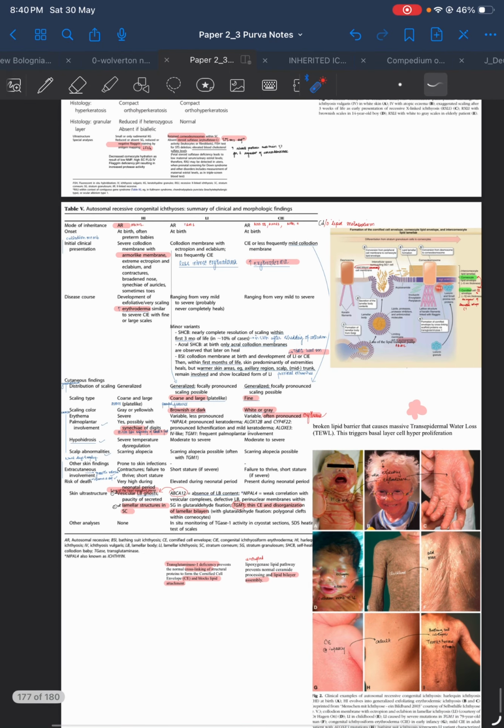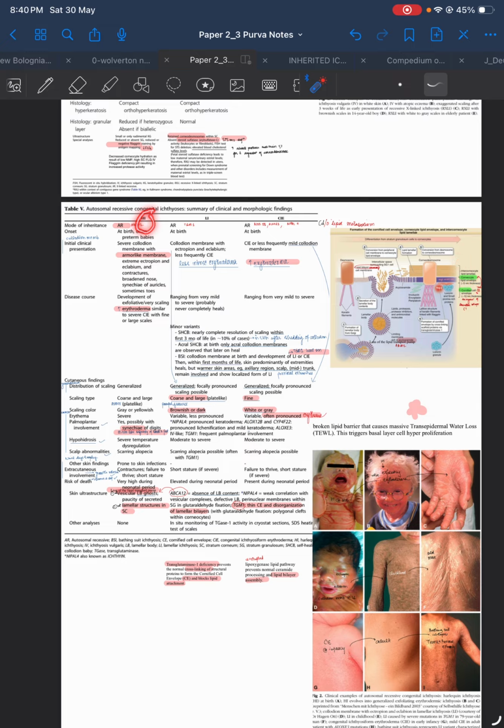Then moving on to the second part, which is the autosomal recessive congenital ichthyosis spectrum. These are due to a broken lipid barrier, which causes an increase in the transepidermal water loss. This lipid barrier is composed of the corneocyte lipid envelope, cornified cell envelope, and the intercellular lipid lamellae.